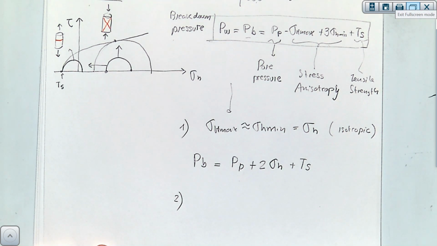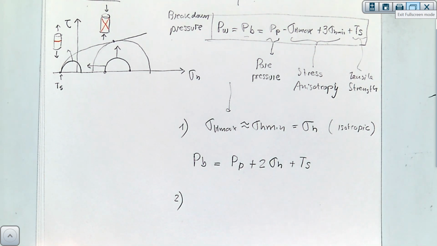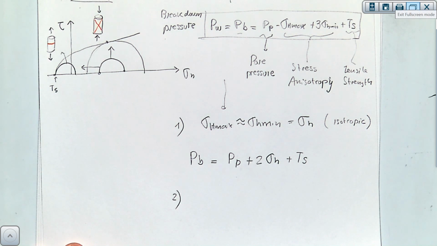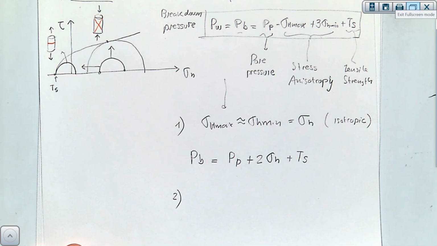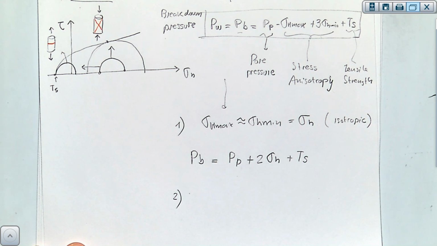Now, an extreme of anisotropy. You remember, if we were considering shear failure, the maximum effective stress as a function of the least effective stress would be much higher.